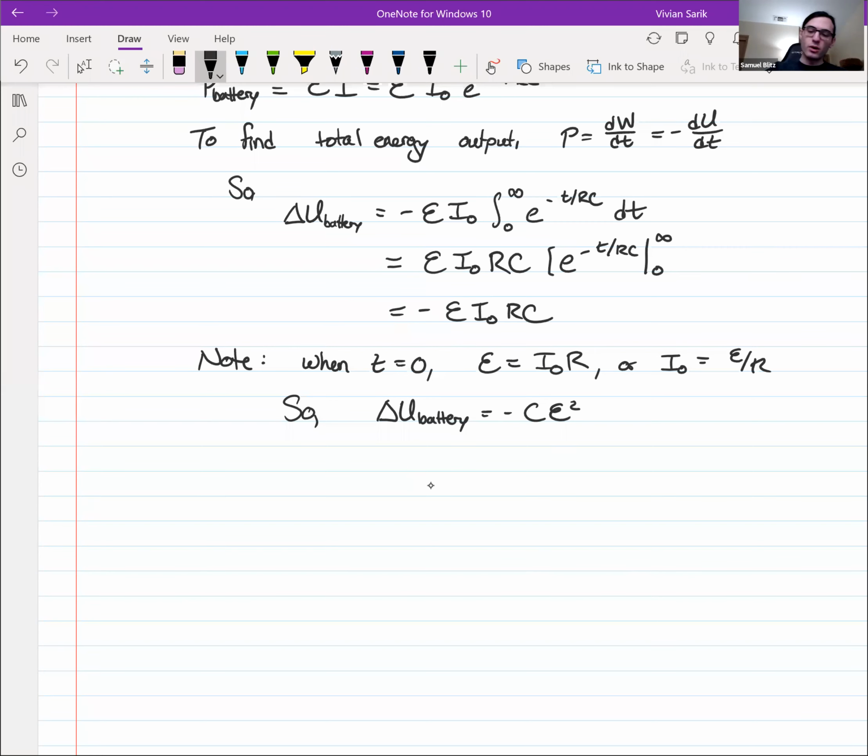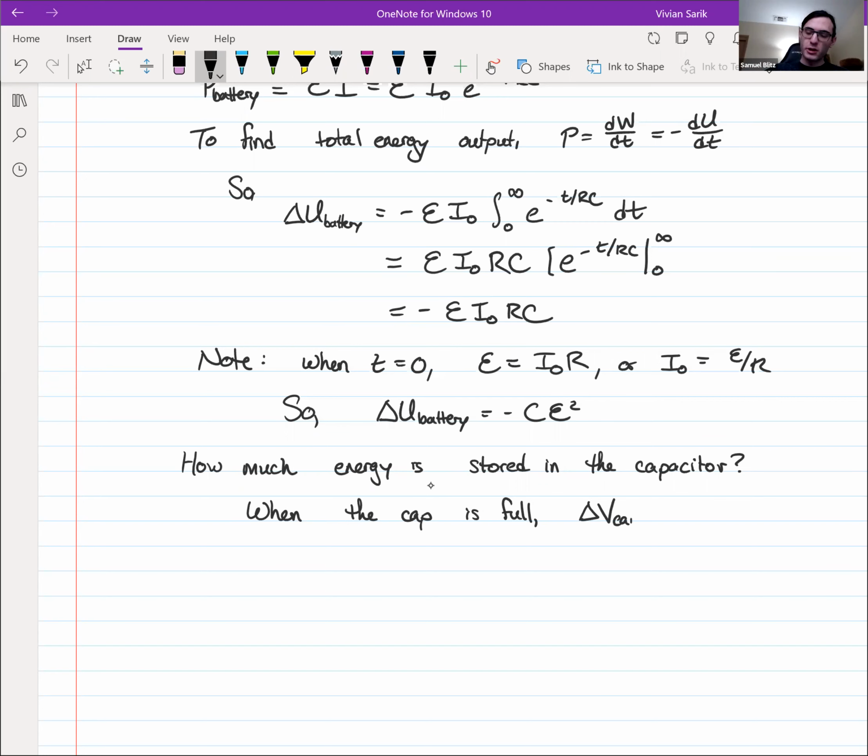Okay, so how much energy is stored in the capacitor? Well, that's actually really easy to calculate. We have a formula for the amount of energy stored in the capacitor. We have 3 formulas, actually. So when the capacitor is fully charged, we know that the potential difference across that capacitor is just equal to the EMF.